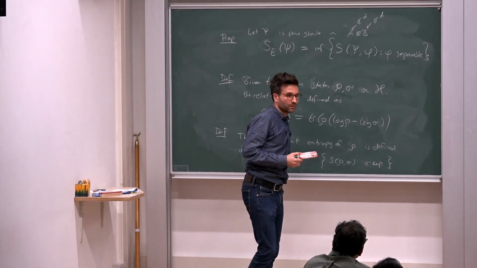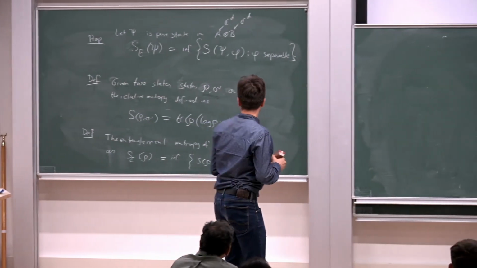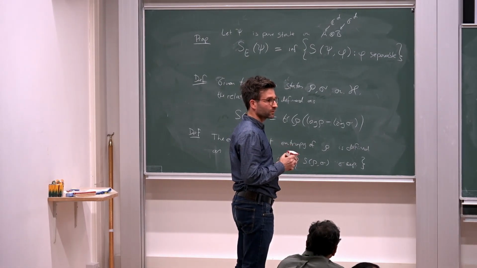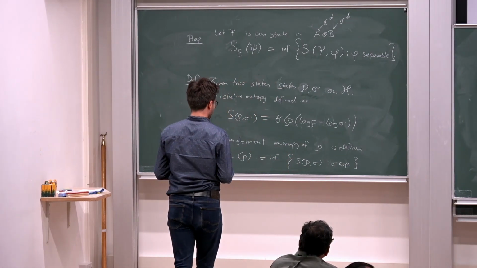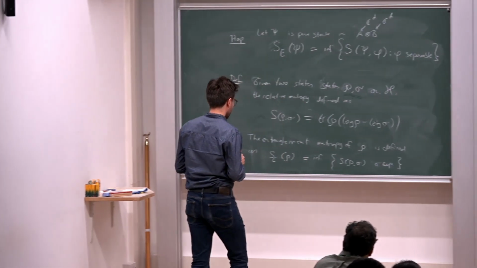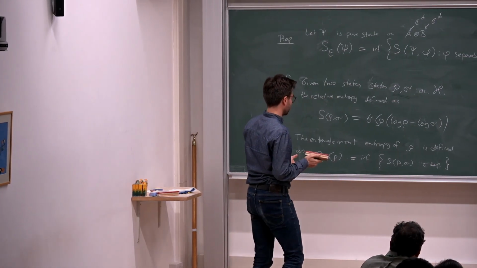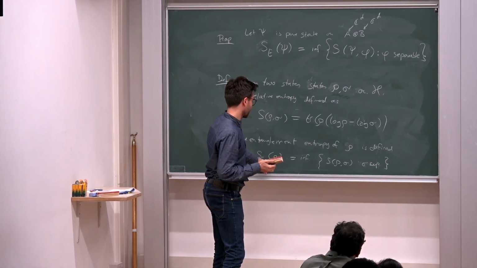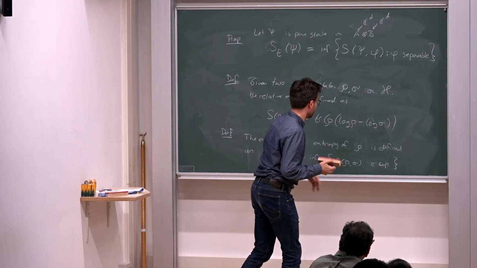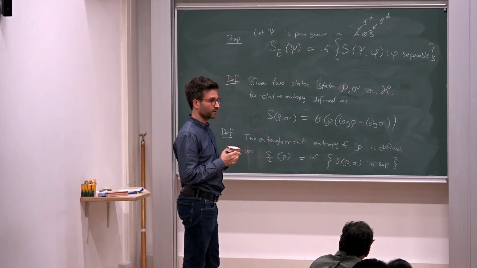And in the same thing, can you say that it would be achieved at a product state or not necessarily? Yeah, so sigma. I'm asking about sigma, whether it is actually achieved on a specific sigma.